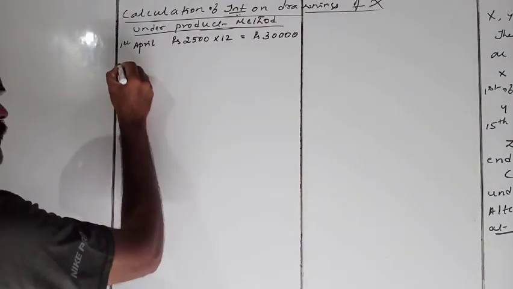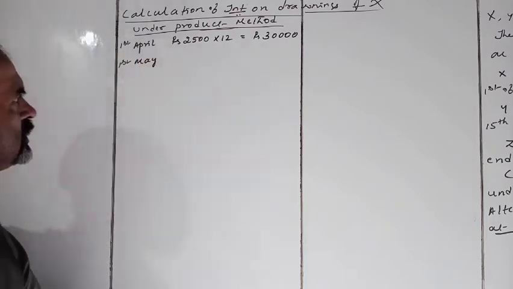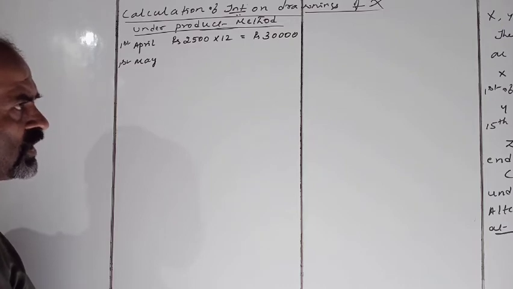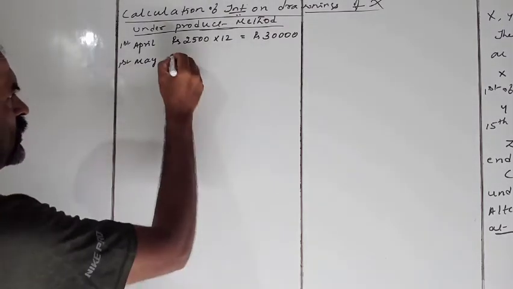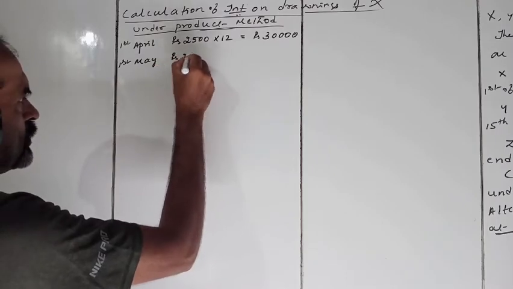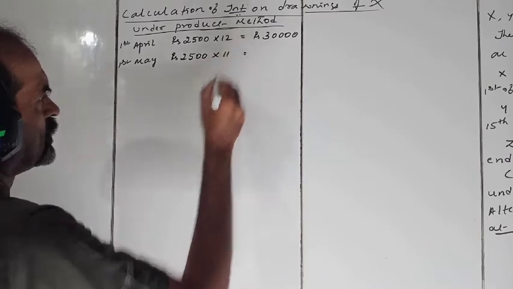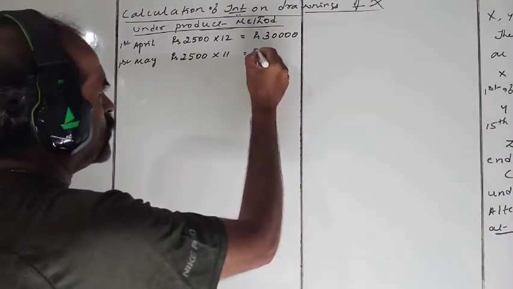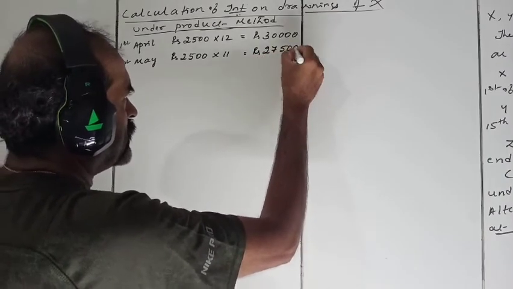The next drawing, 1st May: the partner withdrew rupees 2500 from the business for his personal use, for 11 months up to 31st March. The total product comes to rupees 27,500.